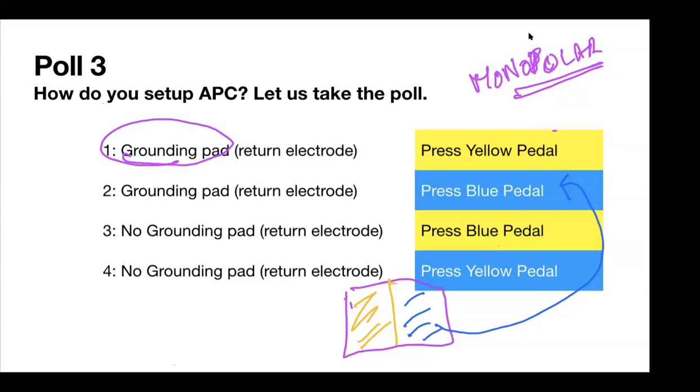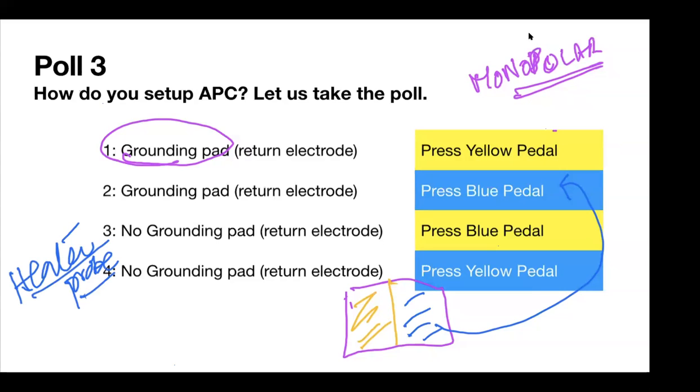You have a heater probe. Do you need a grounding pad or not, or a return electrode?